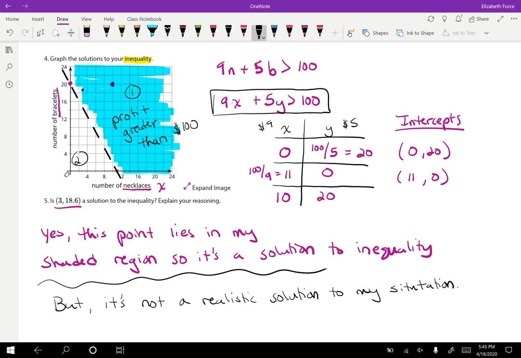I know it's been a while since we talked about it, but I would say that it may be a solution to my inequality, but I would not find this in the domain or the range of my inequality because it's not realistic.